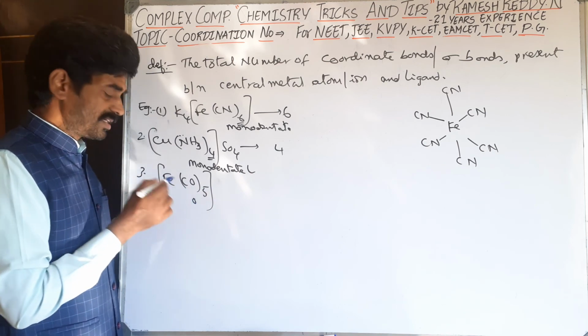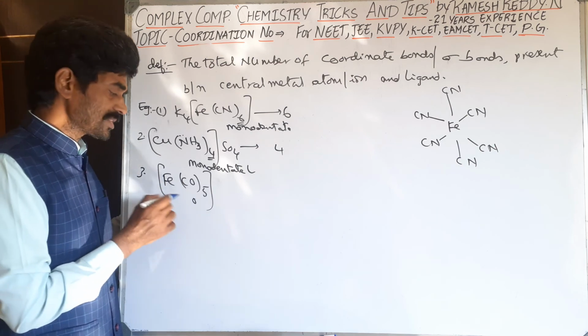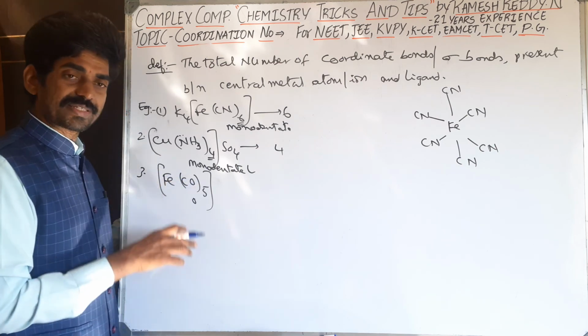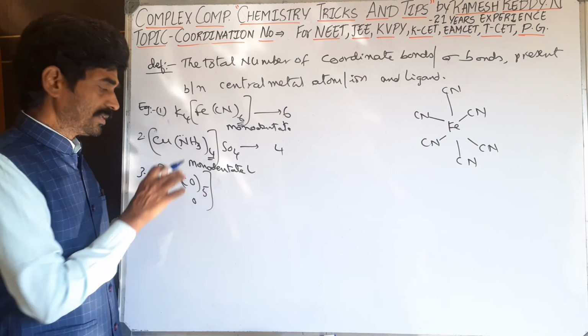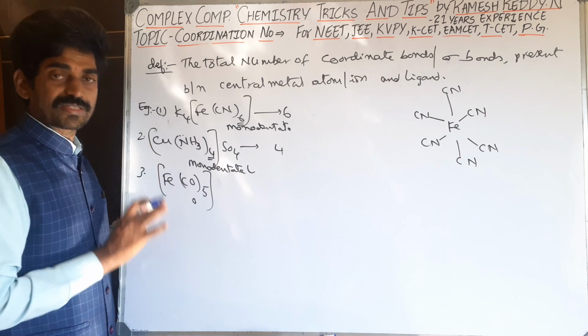In metal carbonyls, the central metal atom carries no charge and the oxidation number is 0. So the oxidation number of the complex is 0. There is no counter ion, only the complex is present. It is a neutral complex compound, right?